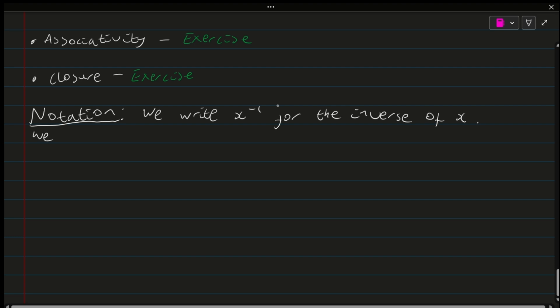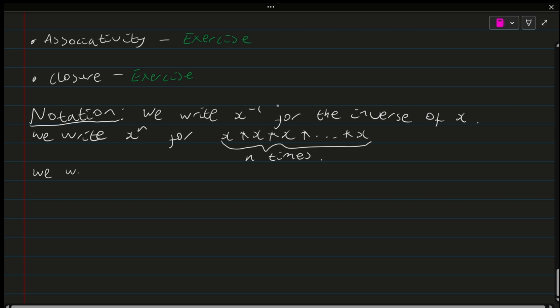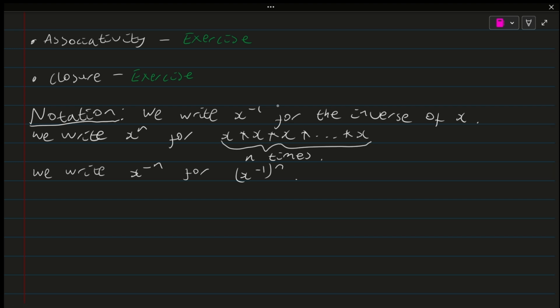We're going to write x to the n for x star x star x star and so on, n times, and we'll write x to the minus n for x to the minus 1, to the power n. This notation hopefully seems familiar. It's the same you'll be familiar with from working with exponents, just over the natural numbers and the real numbers and the rationals.